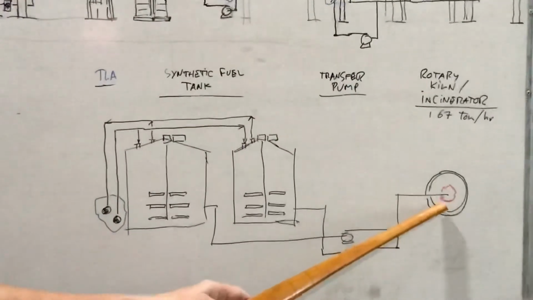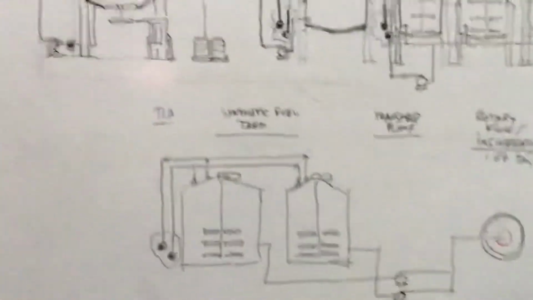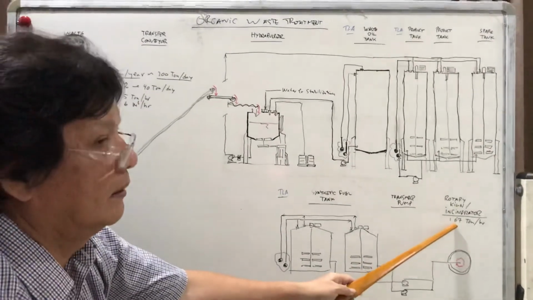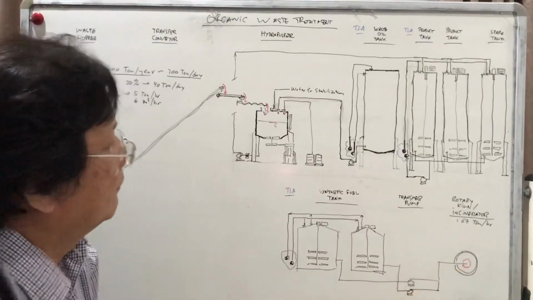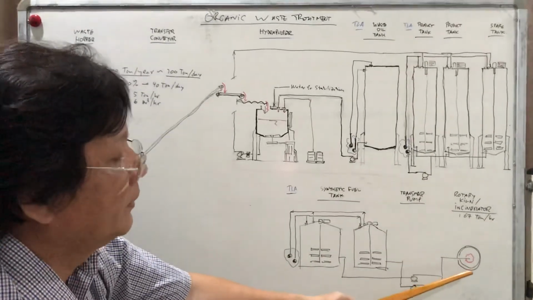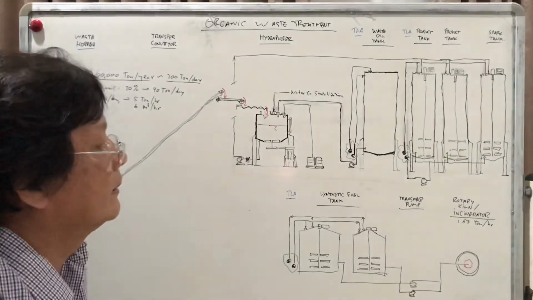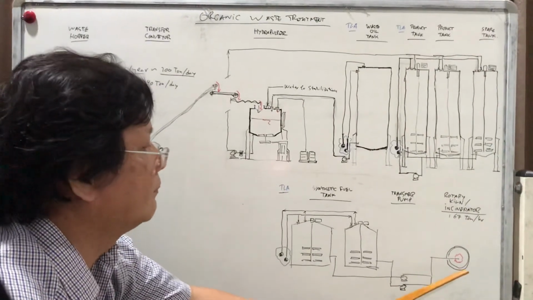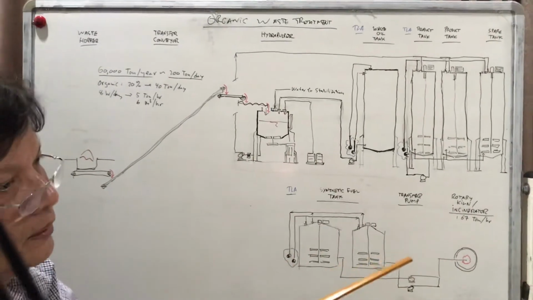So the burning capacity is 1.67 tons per hour, and we stick to this capacity in the rotary kiln. Now, why do we burn in the rotary kiln? Because you have to burn it at about 1100 to 1200 degrees Celsius. So this is the process of disposal of the organic waste.